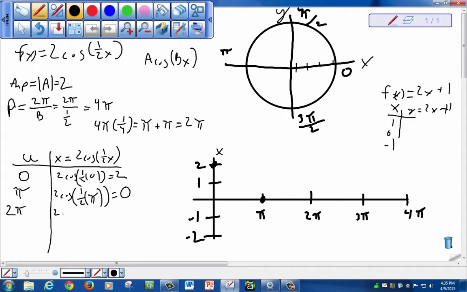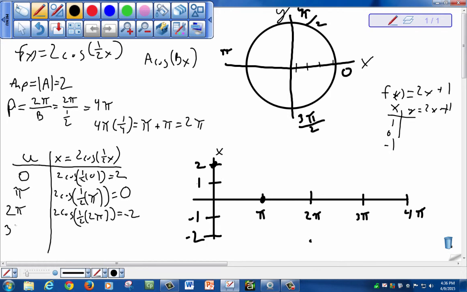When we plug that in, we have 2 cosine 1/2 times 2 pi. That's going to give us 2 cosine pi when you do the algebra, and at pi, cosine equals -1. So -1 times the 2, the leading coefficient in front of the cosine, that's going to give us -2. Come to the graph over here, and at 2 pi, this function equals -2.